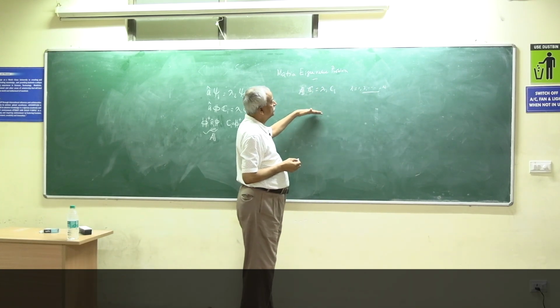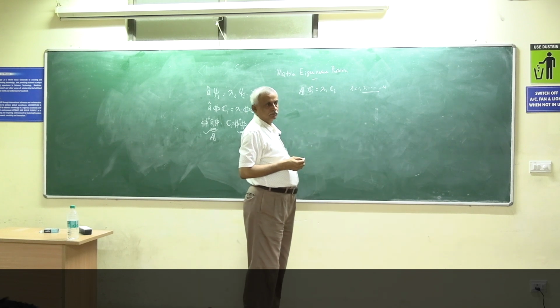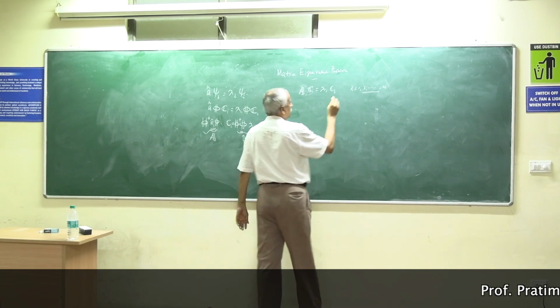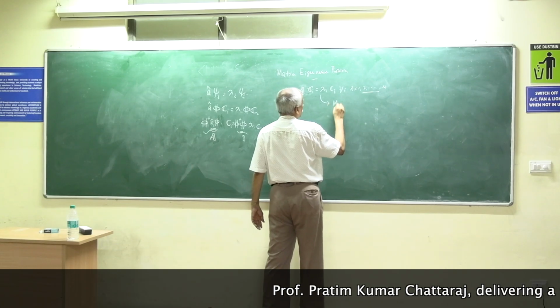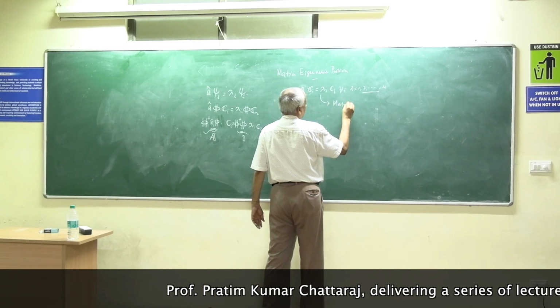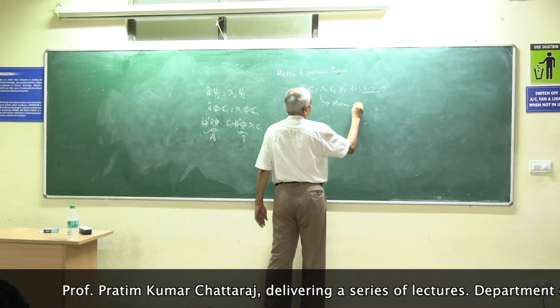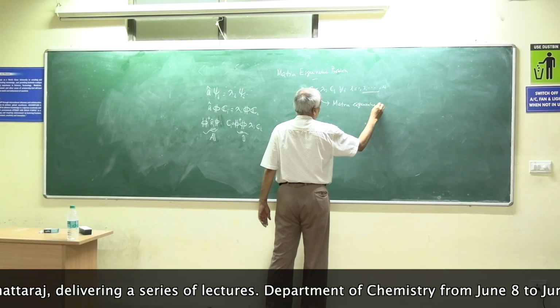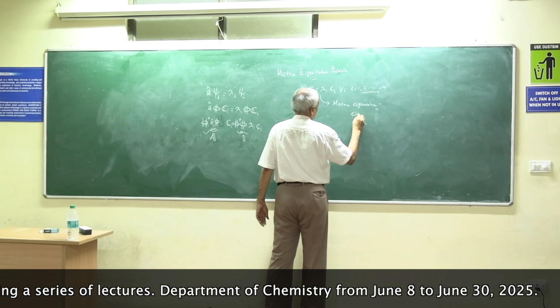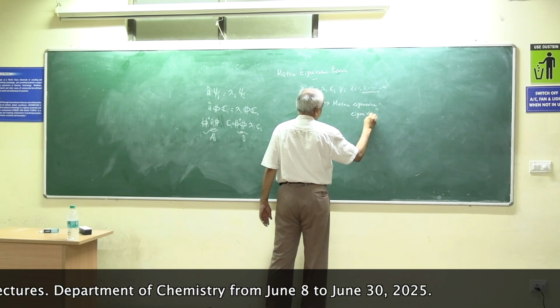There are separate equations for each i. Separate equations for each i. And this equation we'll call the matrix eigenvalue eigenvector equation.